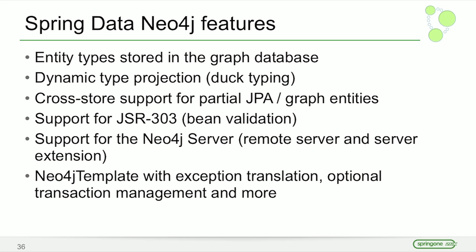The type projection is something we spoke about when the question came up about types and classes. It's easily possible to project, for instance, a user entity to an employee entity, or to a citizen entity, or something like that. Or I can project an order to a fulfillment order, or to a logistics order in different contexts, because I then need different attributes and different relationships, and I don't want to create these huge customer objects or order objects which are 1,000 lines long or something like that, and cover all the use cases in a single class, which is really annoying and not really easy to work with.